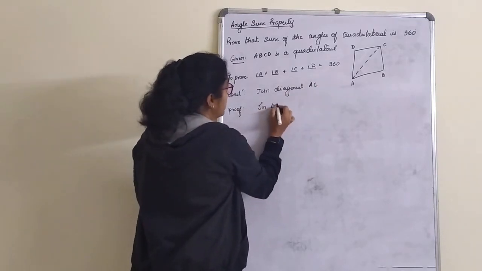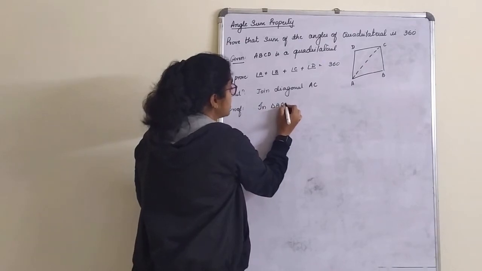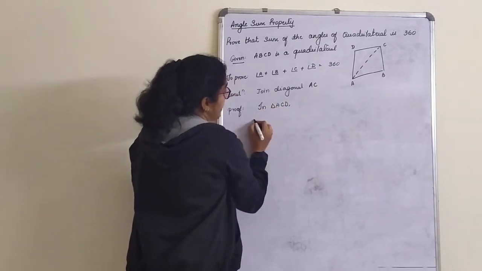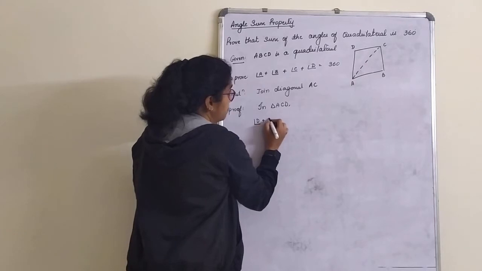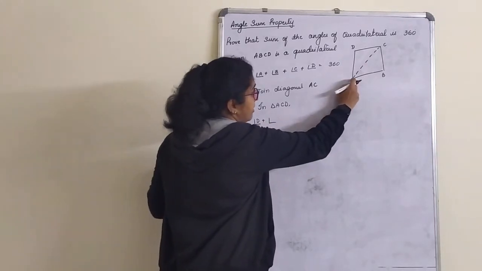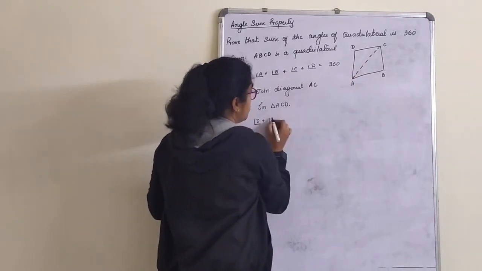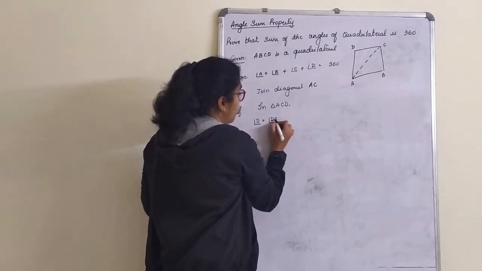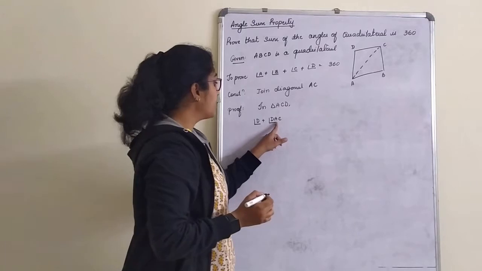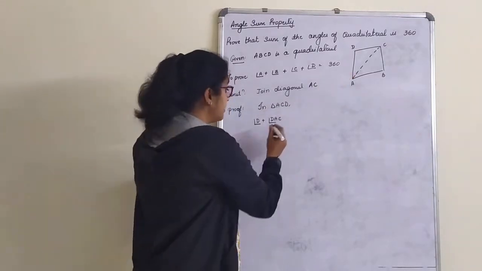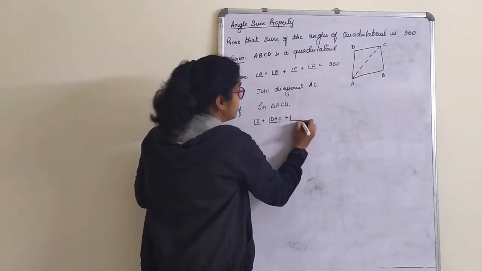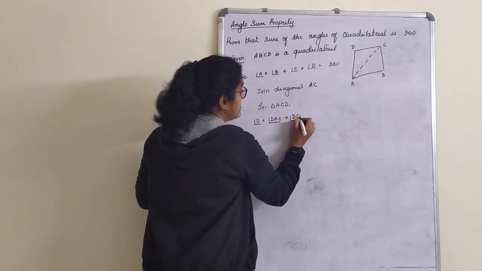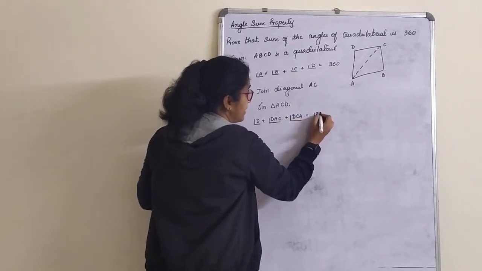In triangle ACD, I will write angle D plus angle DAC. I cannot write angle A because angle A is shared by these two. You all know how to read the angle: whatever is the angle has to come in the center. Angle DAC plus angle DCA is equal to 180.